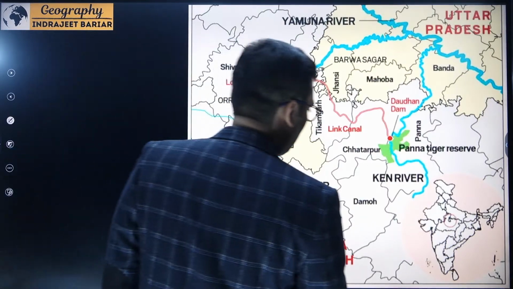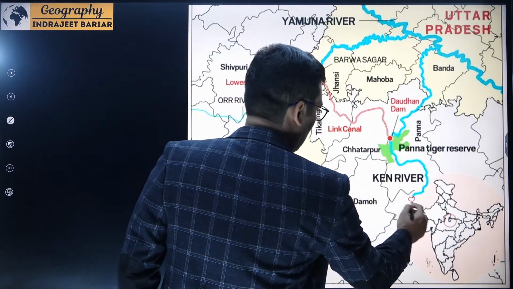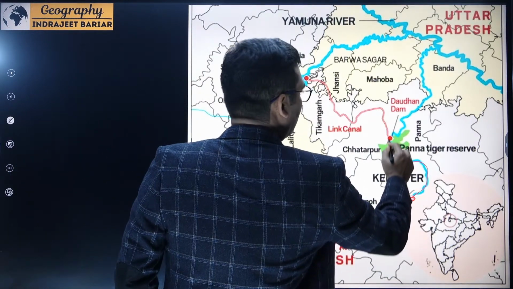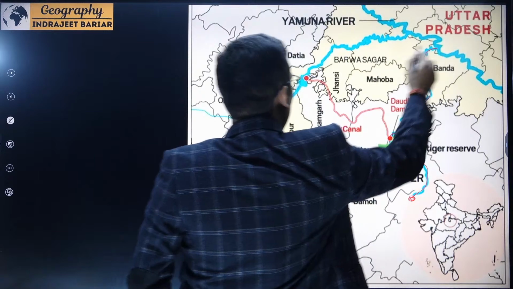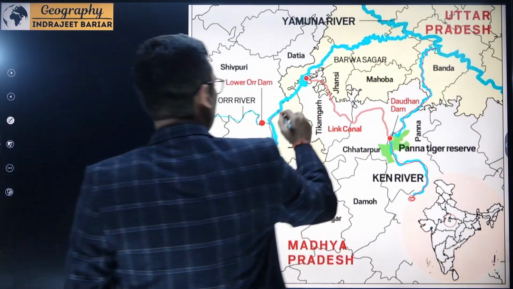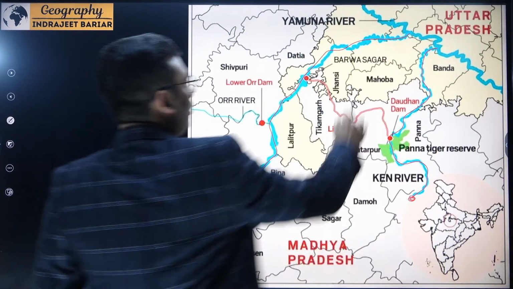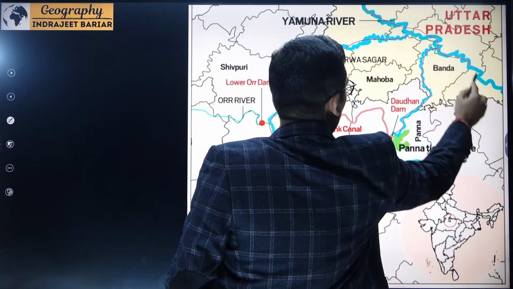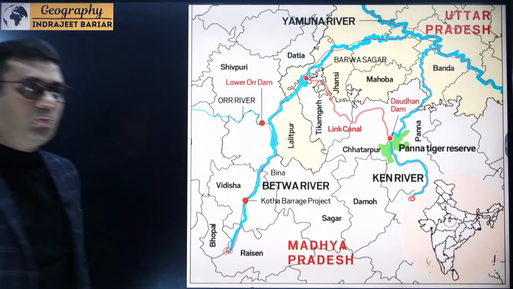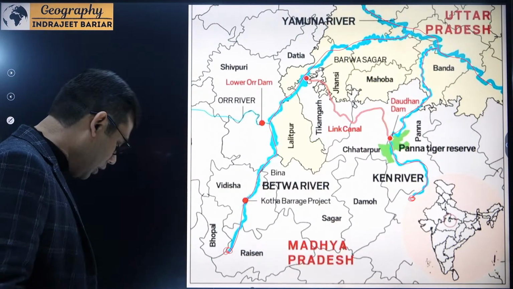When we talk about these rivers, you can see the Ken river over here. This is the flow of the Ken river, and this is the flow of the Betwa. Both the Ken and Betwa rivers are tributaries of the Yamuna river. That's the geographical information regarding this.